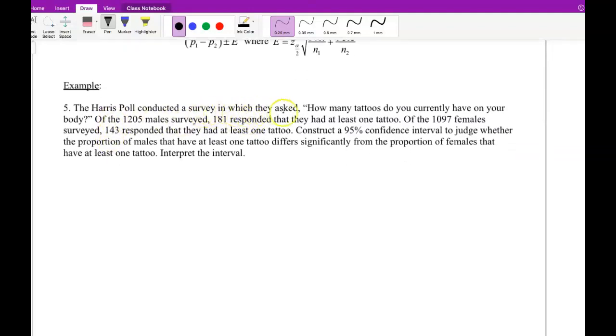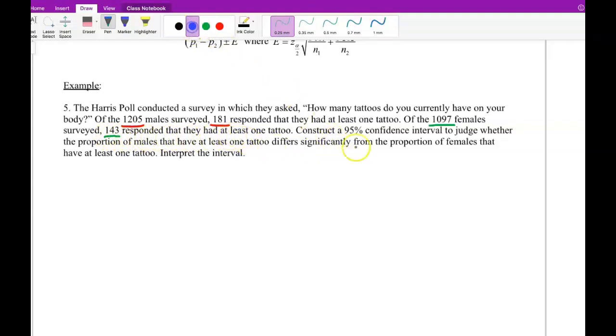Here again we have survey, and they ask how many tattoos do you currently have on your body. Of the 1,205 males surveyed, 181 responded that they had at least one tattoo, and of the 1,097 females surveyed, 143 responded that they had at least one tattoo.